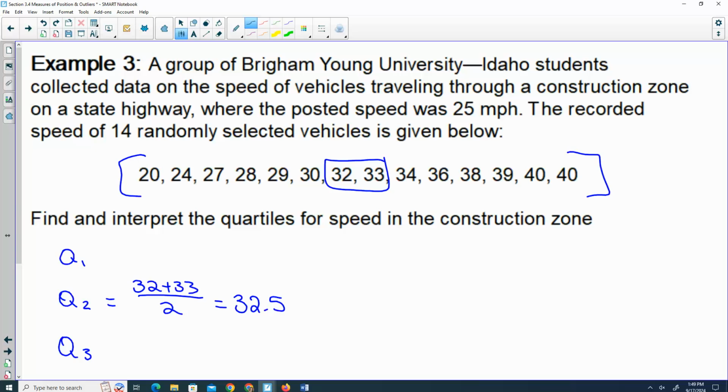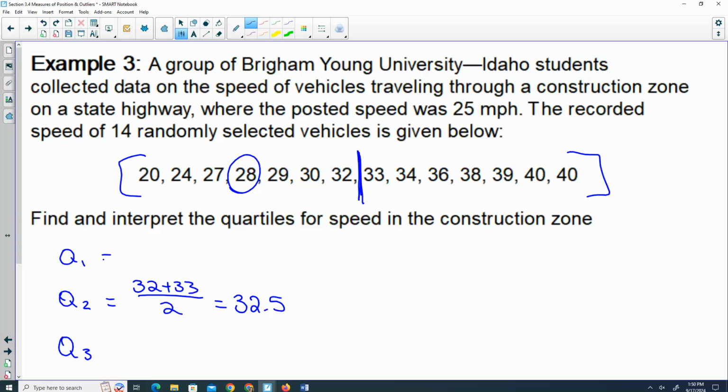Then, once you have that second quartile, so it was right in the middle of these, essentially, all we have to do then is find the median of the bottom and the median of the top, and that will give us our other two quartiles. So since the middle is right in between them, when I'm trying to find the median down here, it would be 28.